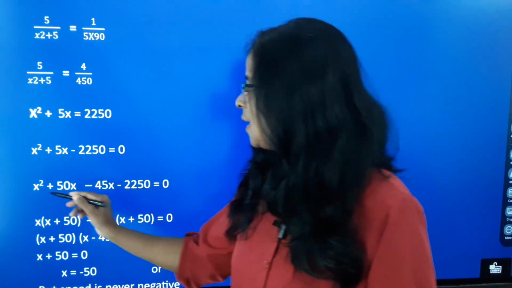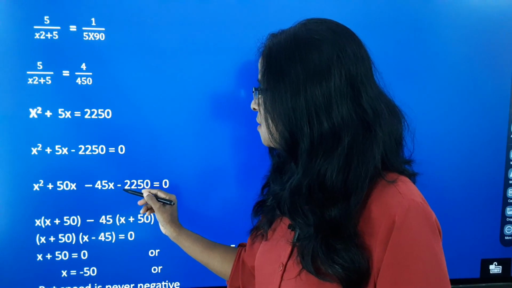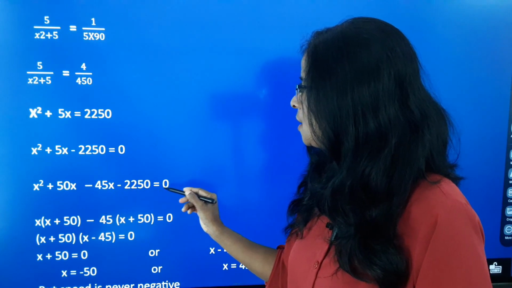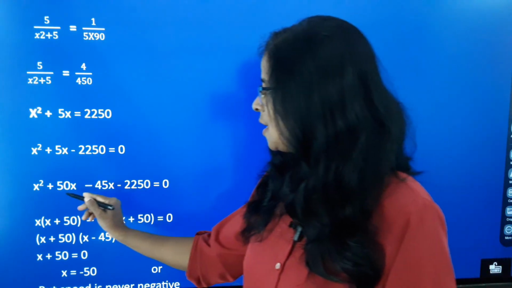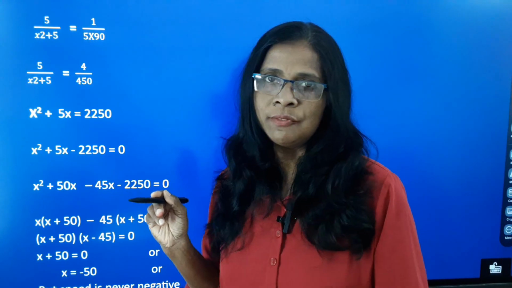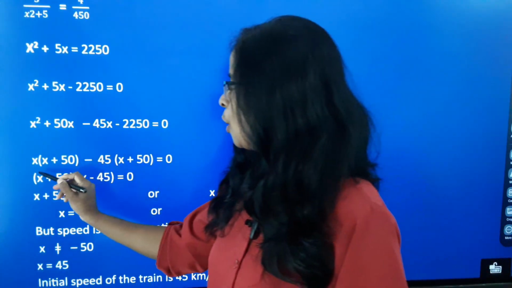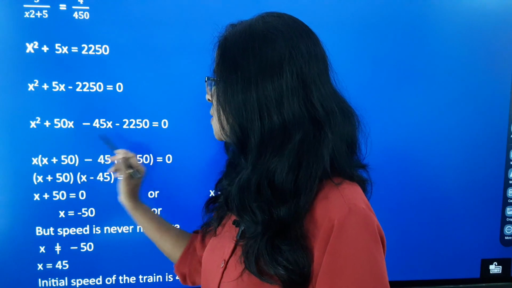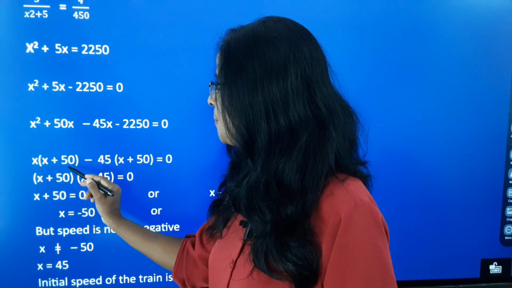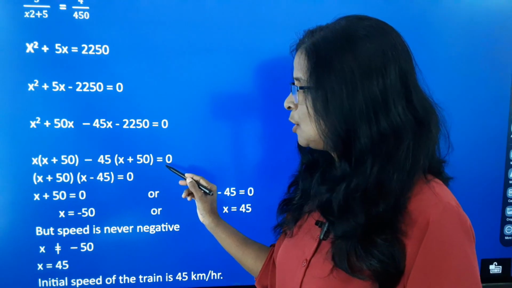So that will be x square plus 50x minus 45x minus 2250 is equal to 0. Students, see here that such two numbers are plus 50 and minus 45. Now take common x in the first bracket, x plus 50, and minus 45 in the bracket x plus 50 is equal to 0.